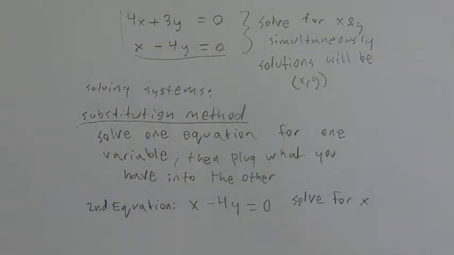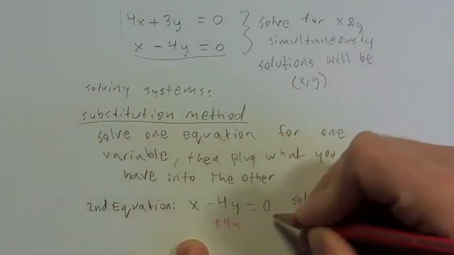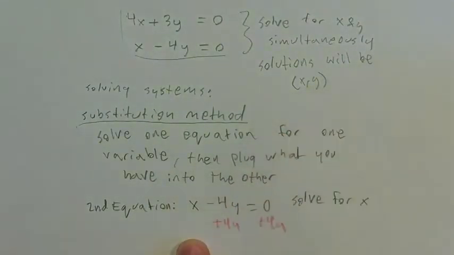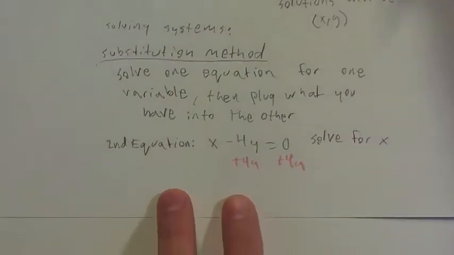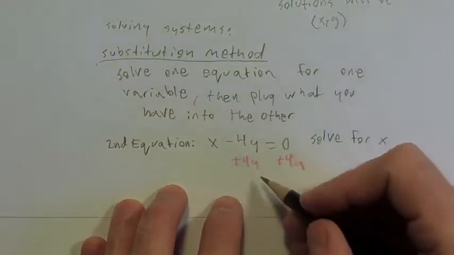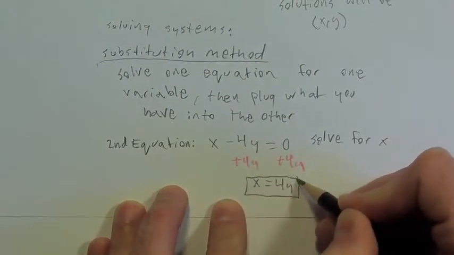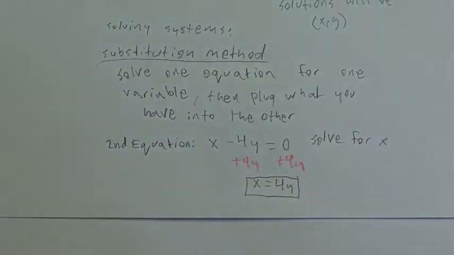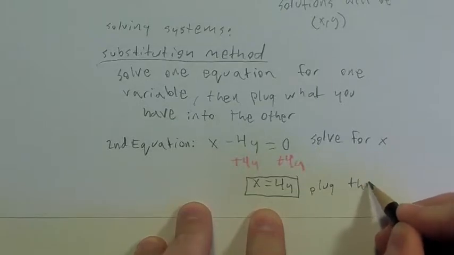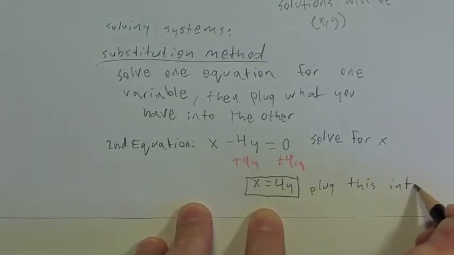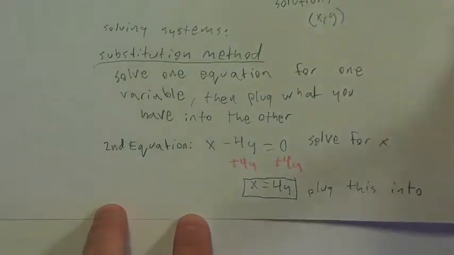All right, so I'll add the 4y to both sides, okay, and get that x is equal to 4y. Okay, then we're going to plug this into the first equation, so the other equation.